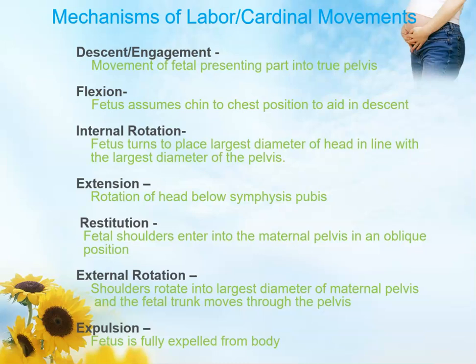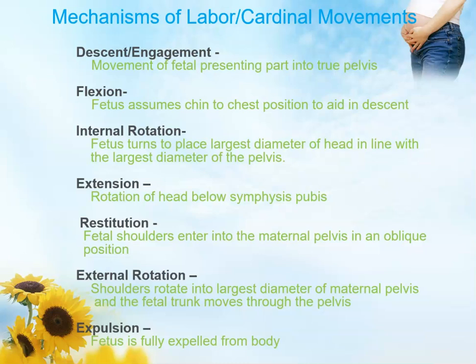And then internal rotation: the fetus will turn to place the largest diameter of the head in line with the largest diameter of the pelvis. They're trying to squeeze their way through and figure out the best way to move the head to get through. Then you have extension, rotation of the head below the symphysis pubis, and restitution, where the fetal shoulders will enter the maternal pelvis in an oblique position.